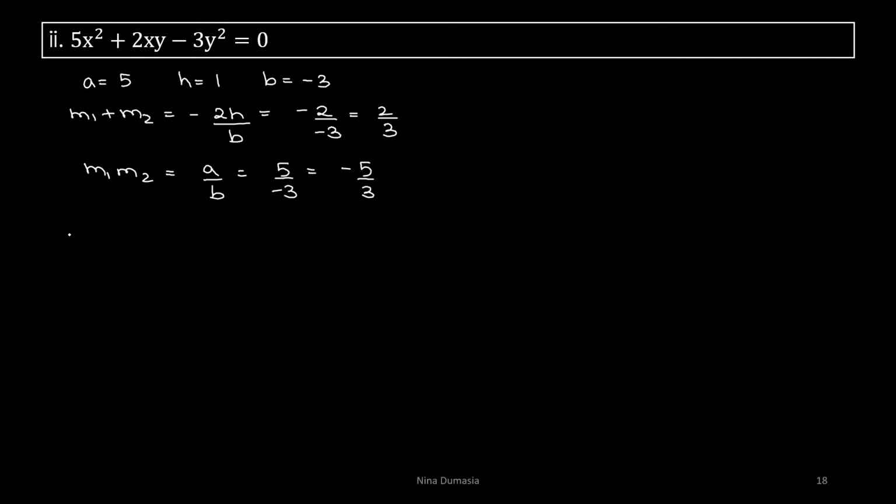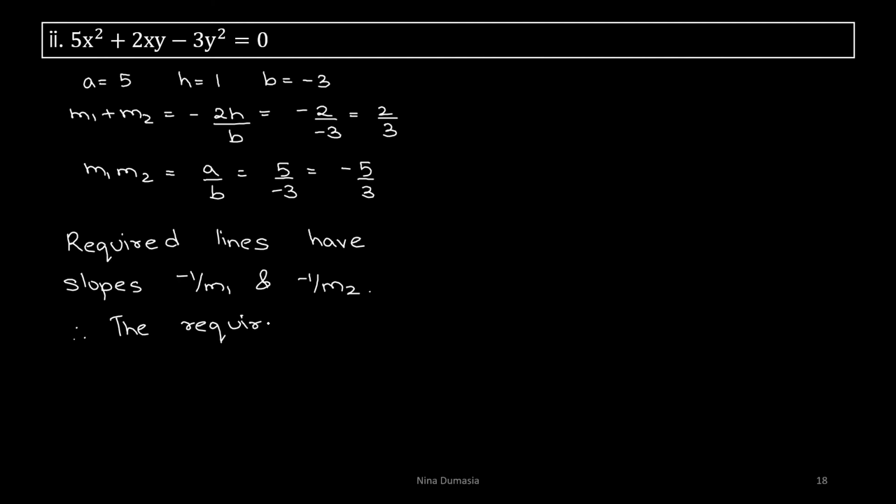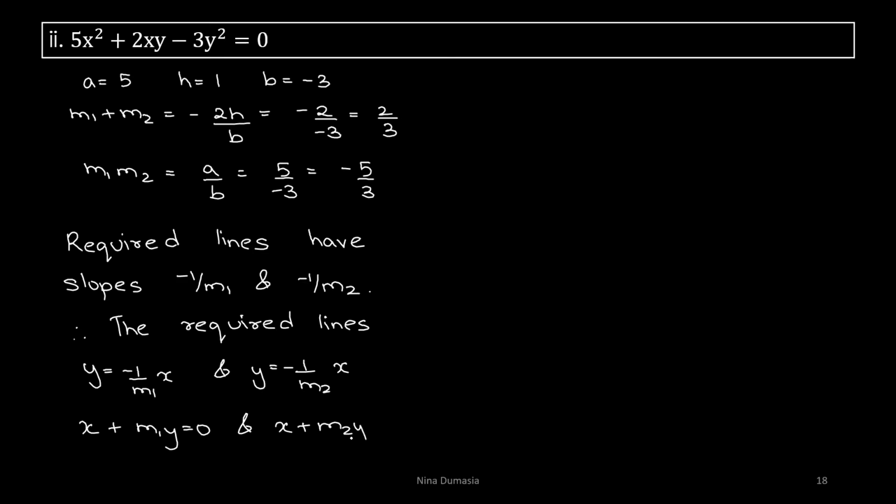Okay. Now, therefore, required lines have slopes minus 1 by m1 and minus 1 by m2. Therefore, the required lines are, so they will be y is equal to minus 1 by m1x and y is equal to minus 1 by m2x. इसको मल्टीप्लाई करेंगे तो we get x plus m1y is equal to 0 and x plus m2y is equal to 0.